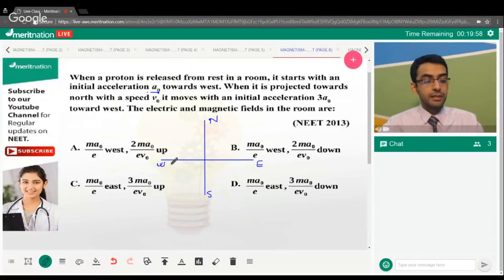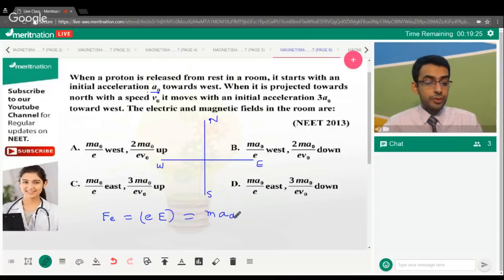So initially we can understand that it's a proton and the direction of acceleration is towards west. That means the electric field must be directed towards the west. Yes, because the electric force on the proton will be equal to capital E times small e, and that is due west. So now apply F is equal to ma naught, where m is the mass of the proton.